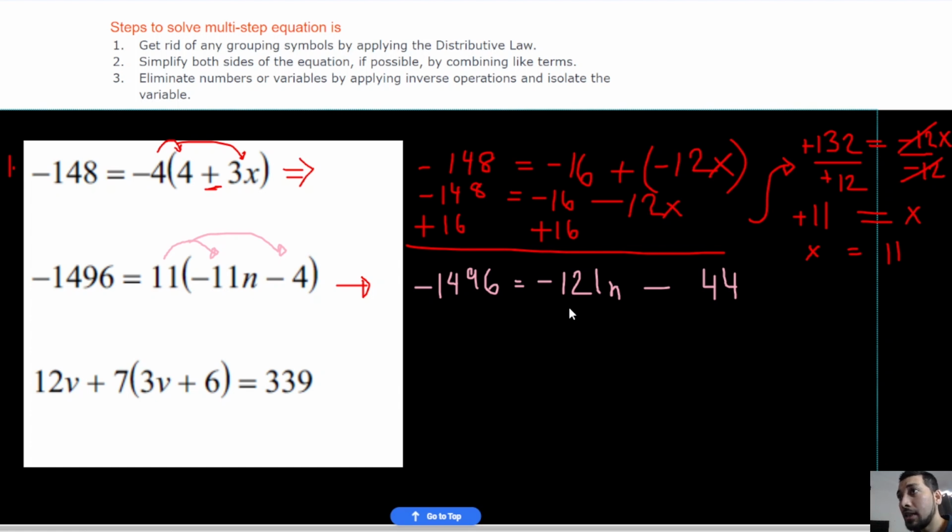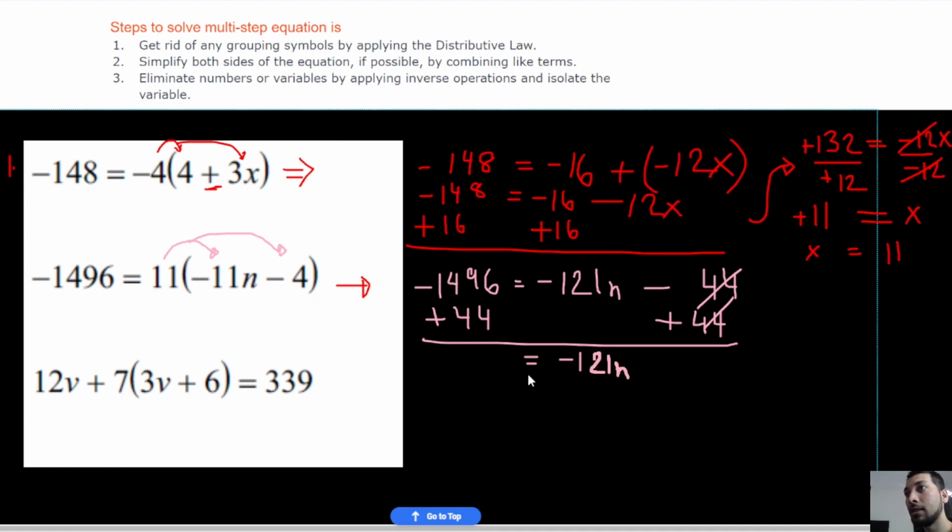Now we need to get rid of these negative 121n and 44 from the right side. So first we get rid of this 44 by addition and subtraction. So add 44 on both sides. And we get negative 121n on the right side. And this one is reduced to negative 1452. Now we divide both sides by this coefficient of n, which is negative 121.